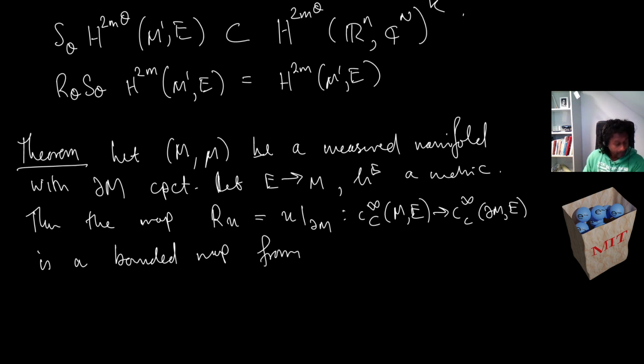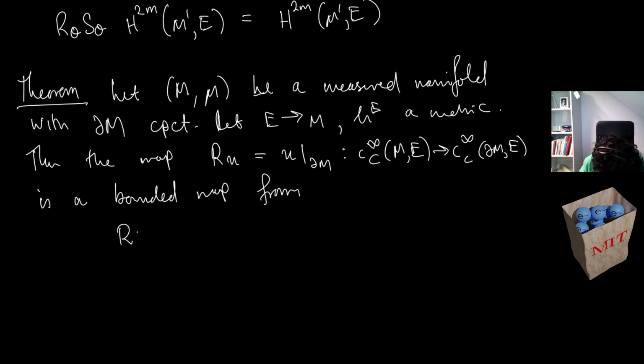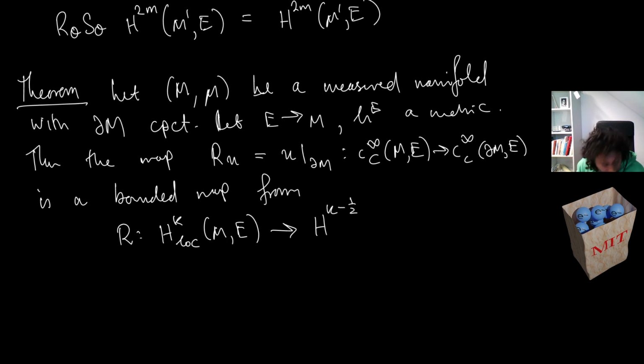from H^k loc. So we already talked about the loc spaces. On M to H^(k minus a half). So this is why I needed to talk about fractional derivatives to begin with.